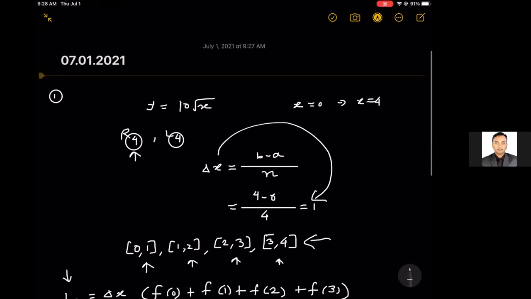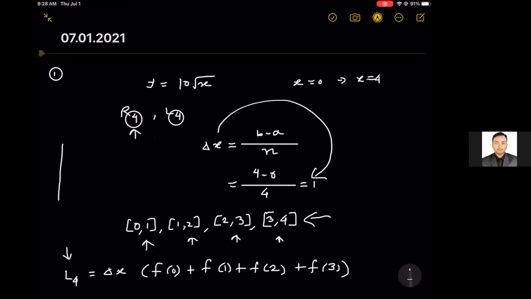So if the graph of this function, we can imagine this, as I said, looks like this, we can just imagine 4 rectangles. That's 0, 1, 2, 3. Yeah, 4 rectangles at this point. So what we are doing, we are just estimating the area under this curve by adding the areas of these rectangles, right?